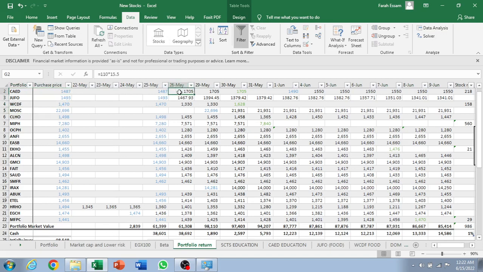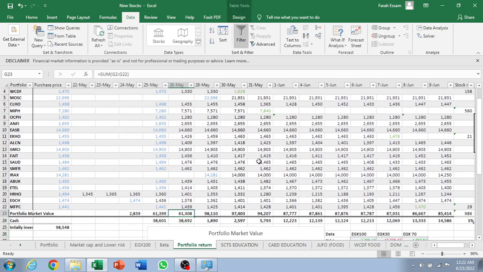So for example, for this stock right here, I just get the number of stocks initially invested in multiplied by the market price. I did this for all of the stocks, and then right here I was summing up all of the market values for each day, and I would get the amount of cash daily as well.